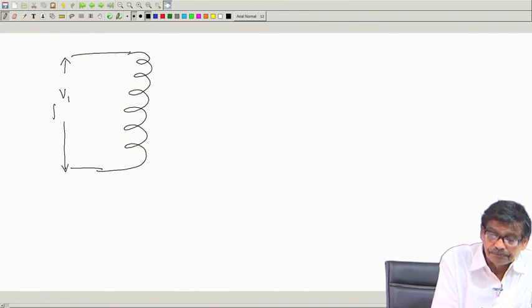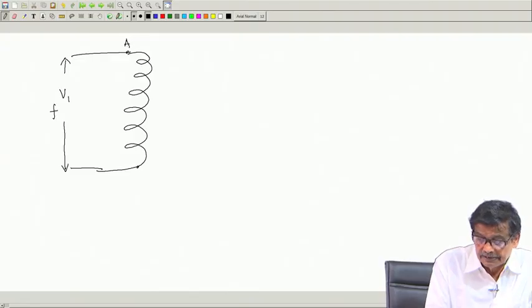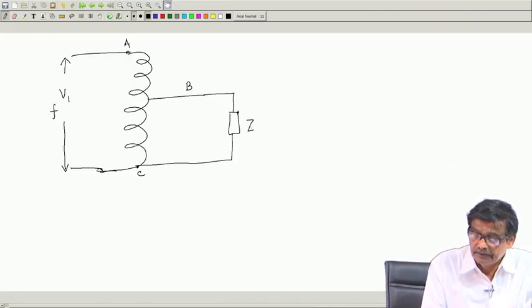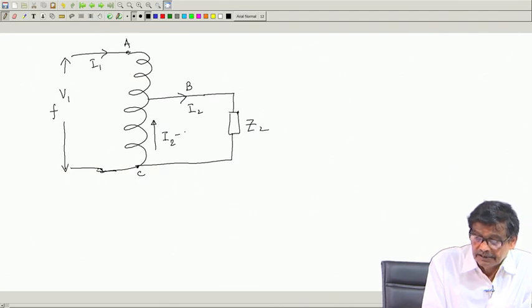This point I call A, this point is C, and here is the tapping B, and here is the load connected Z 2, the secondary load. This was the current distribution: I 2, this was I 1, and then this current was I 2 minus I 1.